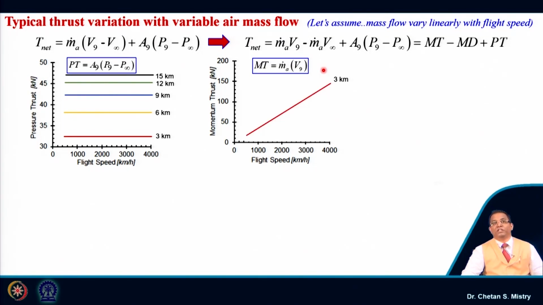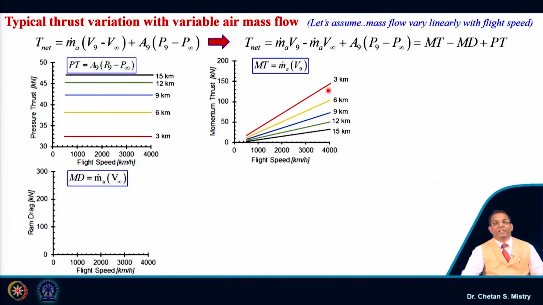So, in this scenario, we can say my momentum thrust varies linearly with my mass flow rate. Now, with the change of altitude, we will have variation of my density, variation of my temperature, and variation of our pressure, and that is how there is a variation in my momentum thrust. In the earlier case, this was a different scenario.